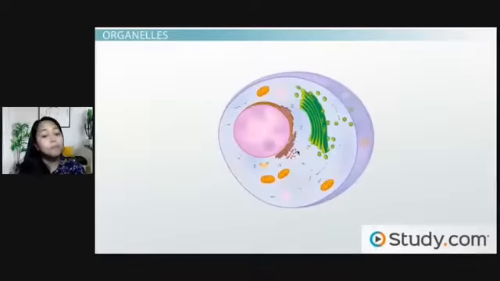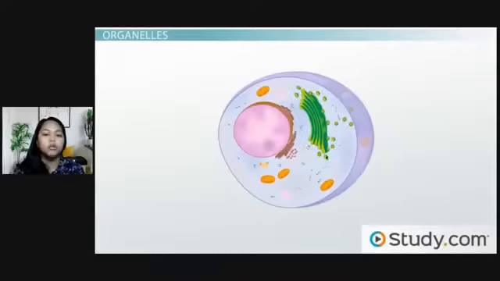It makes lipids, and it detoxifies the cell. Okay, so again, that's your nucleus, your nucleolus, the ribosomes, the rough ER, and the smooth ER. Okay, now next, this one right here is your Golgi apparatus. Okay, in some other sources, it will be called Golgi body.